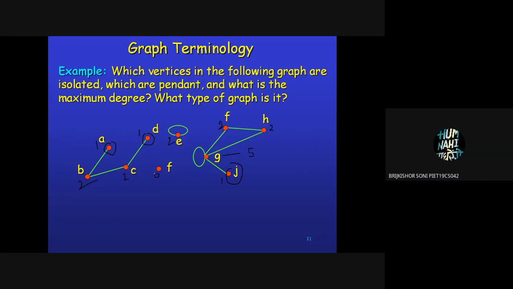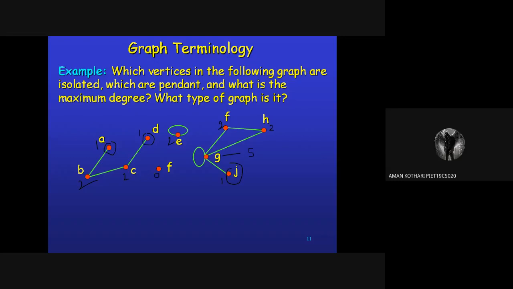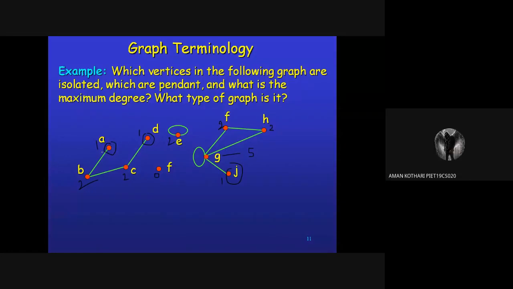Okay. सर मैंने तो इनका सिर्फ आधा कर दिया. Sir, it must be 2 for the loop, as when we find out the degree, then we count it as 2 times. Then sir, edge must be 2 only. No? Edge is the number of edges only. Same reason. Between A and B, how many edges are there? 1.